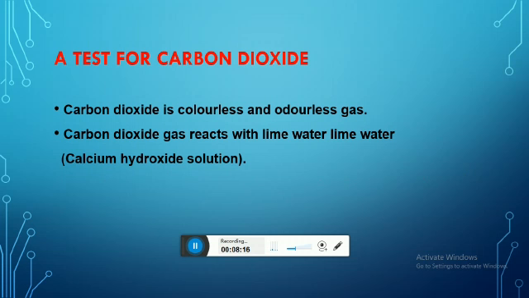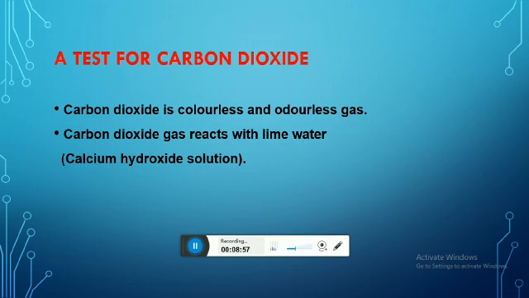Colorless means we cannot see the carbon dioxide gas, and odorless means we cannot smell it either. Carbon dioxide reacts with lime water, and through that chemical reaction we can understand this is carbon dioxide. So what is that reaction?